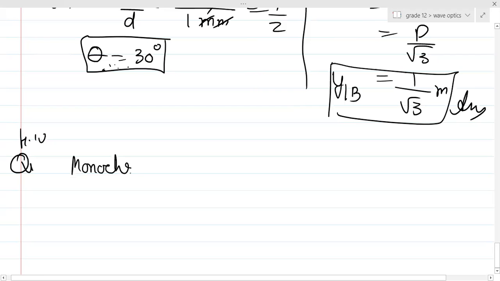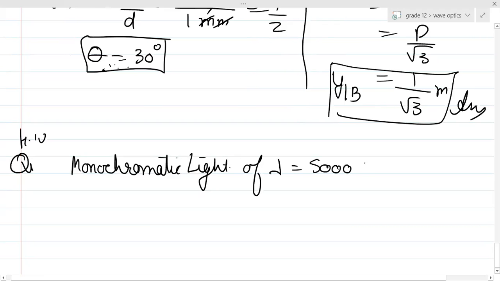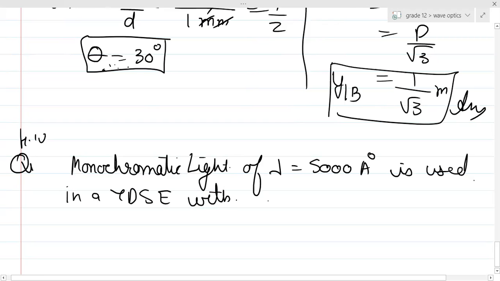Monochromatic light of a wavelength 5000 angstrom is used in YDSE with d equals to 1 mm, capital D equals to 1 meter.